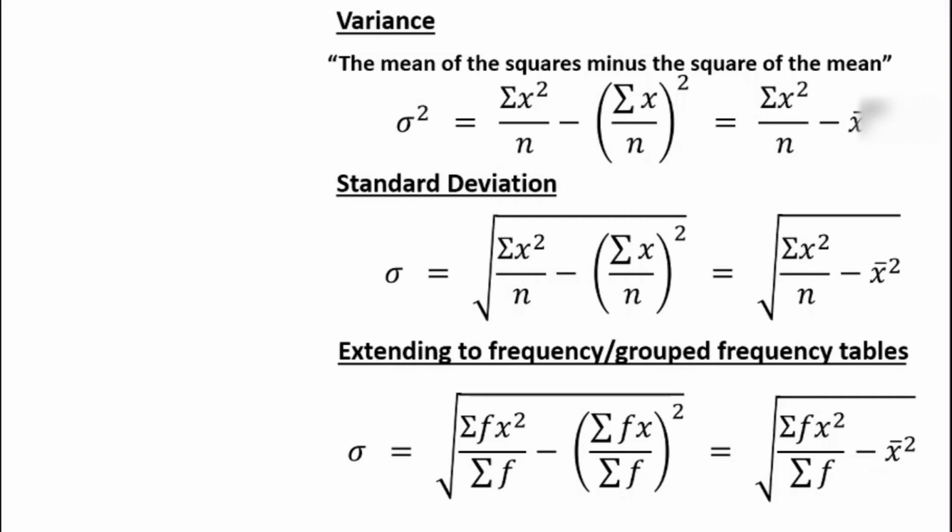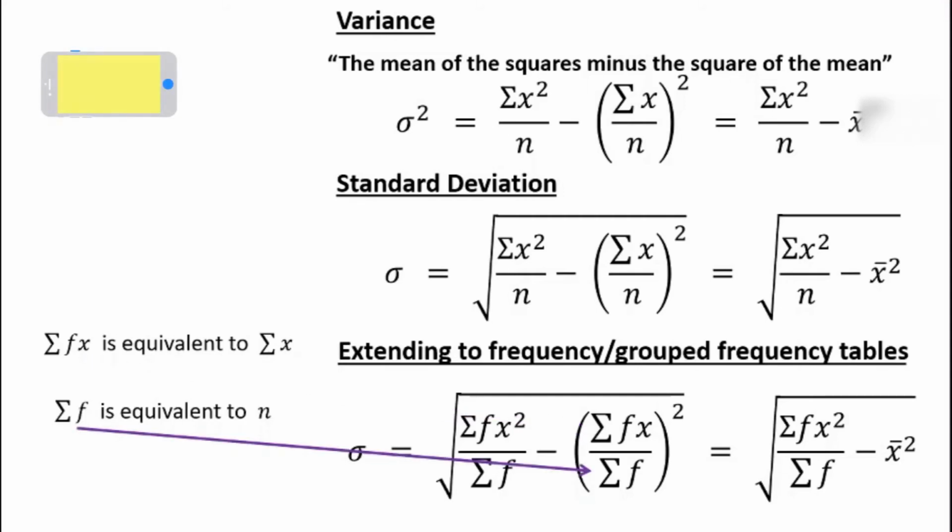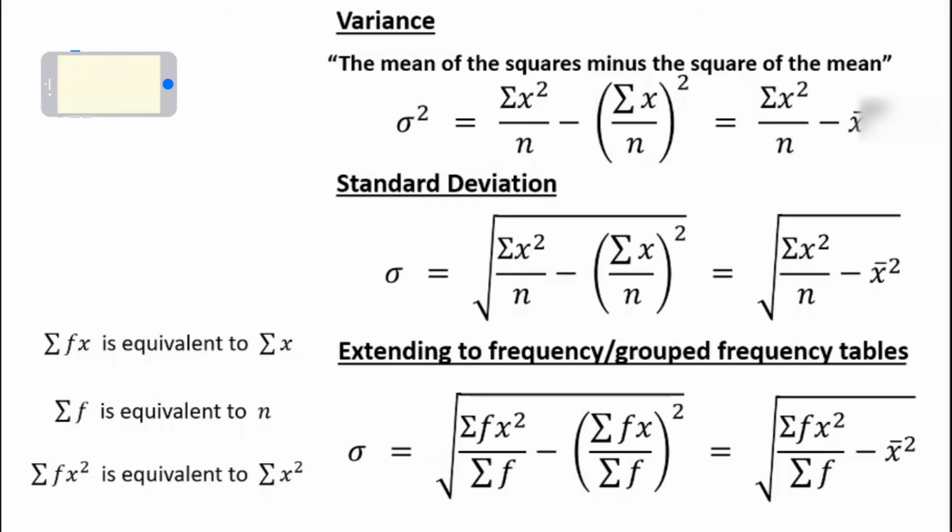When you do come to use your calculator to generate some of these summary statistics, your calculator doesn't display any of the F's. So your calculator screen will just display sum of X, but you need to know that since you are working with a frequency table, that is really the sum of Fx. Your calculator won't display the sum of F, it will display N. And the sum of Fx squared will simply be the sum of X squared. We'll look at that a little bit more in detail when I show you how you can generate these on a calculator screen.